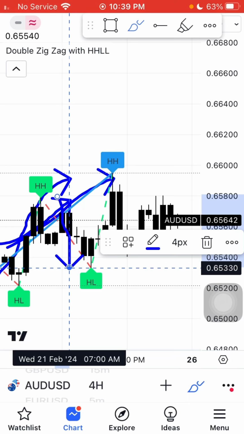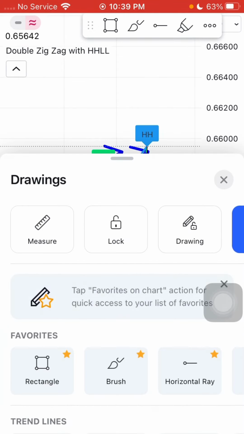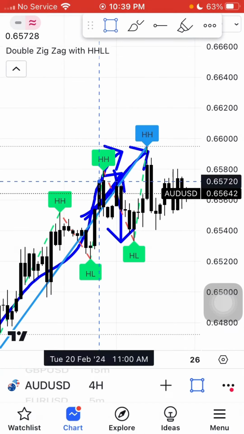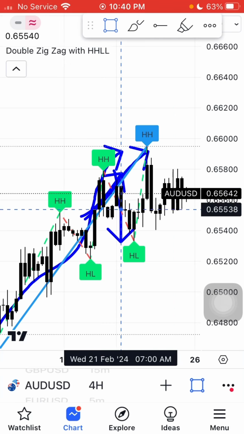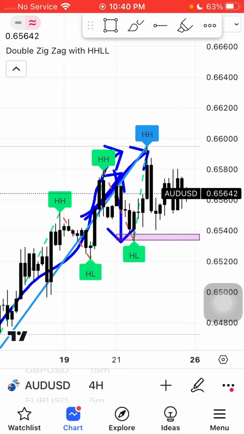So now, what I personally do is that I trade this level, guys. This is definitely where I aim to check.